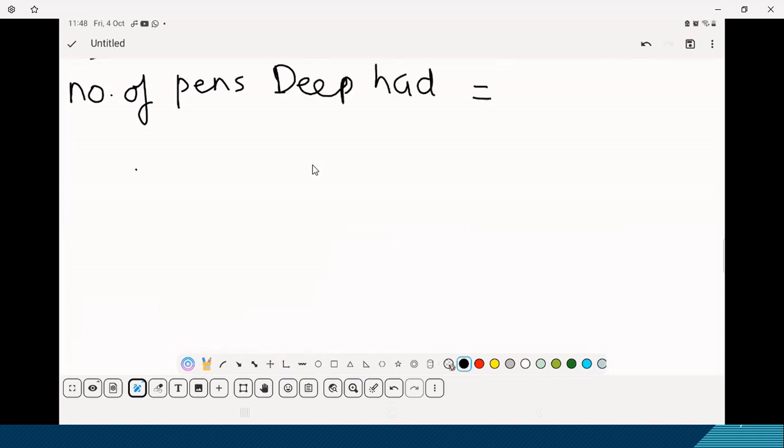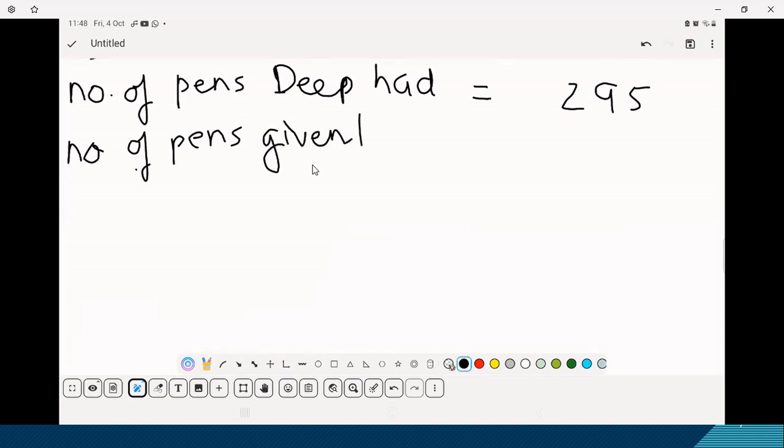How many pens were there? 295. Number of pens given to brother, that is 95. And now how many pens are left?